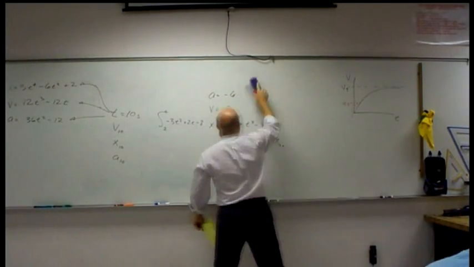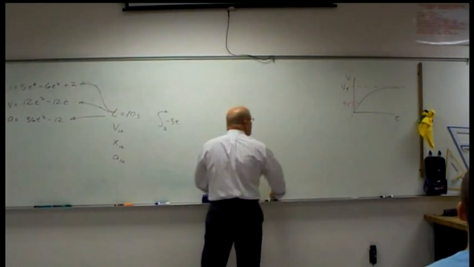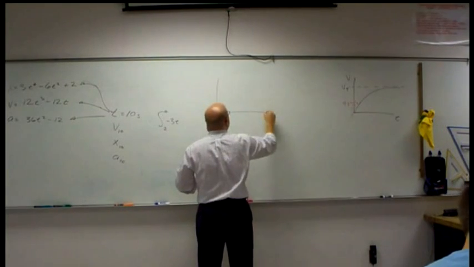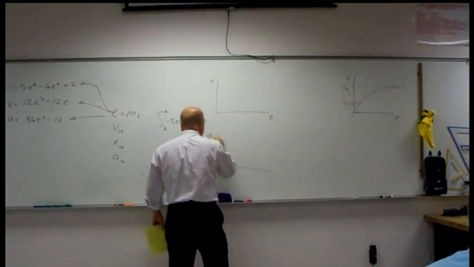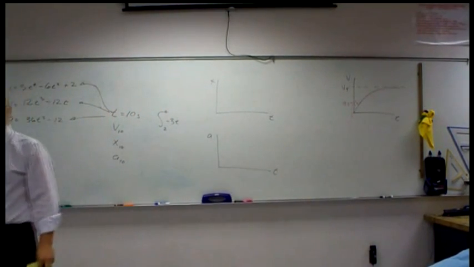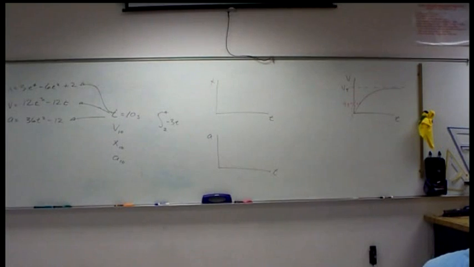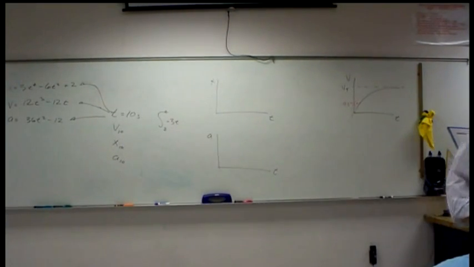Now, can you please attempt to sketch what x versus time and acceleration versus time will look like for that? Just a sketch. Are we assuming that you'll reach terminal velocity?